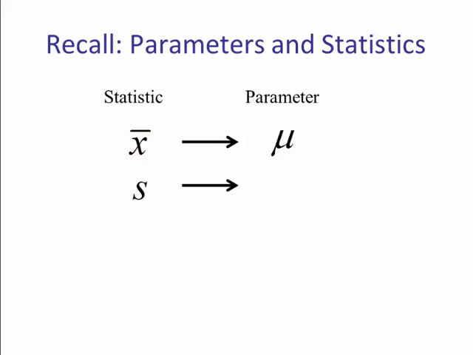Another example of a statistic is s, the sample standard deviation, and it can be used to estimate sigma, the population standard deviation. This is p hat. It is a statistic. It is what we call the sample proportion, and it estimates what we call p, which is a parameter, the population proportion.